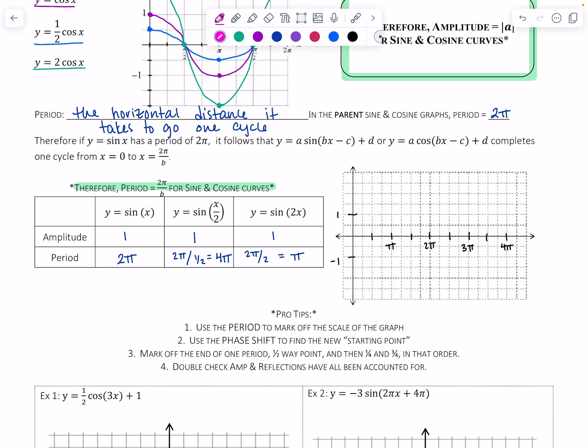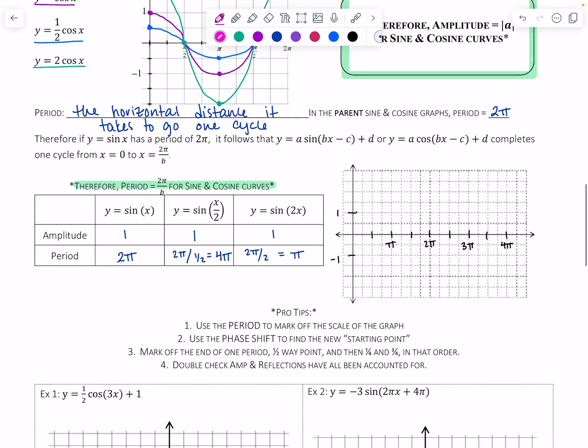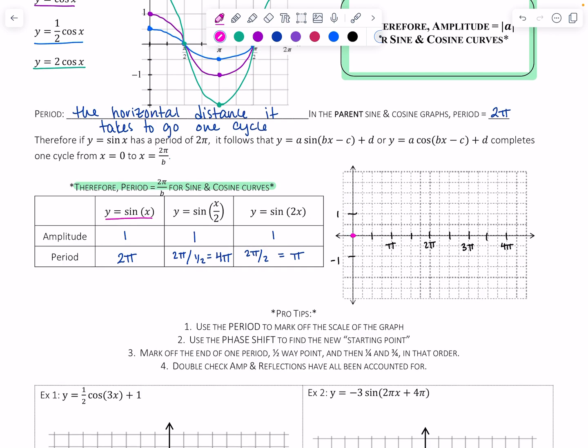Let's start here with our parent function. So we have our y equals sine of x, kind of getting used to graphing these. And again, I'm going to go to 2 pi. I'm going to go halfway through at 0, and then I'm going to make my maximum and my minimum here. And then you're going to repeat that pattern, right?